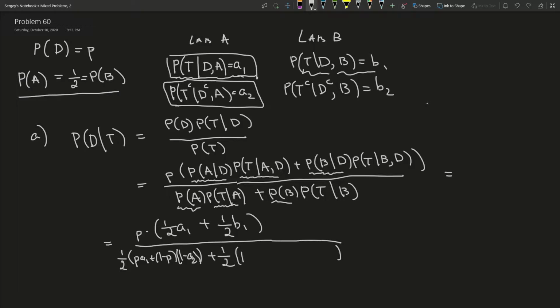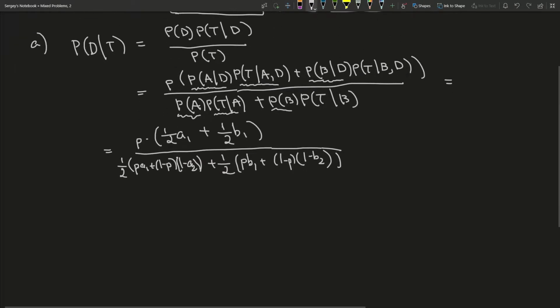Either the patient had the disease and the lab reported a positive result, so the probability of that happening is B sub 1, or the patient didn't have the disease, and the probability of lab B reporting a positive test result in that case is 1 minus B2. And we are done. So now moving on to part B.